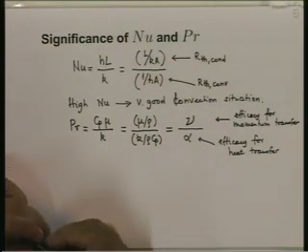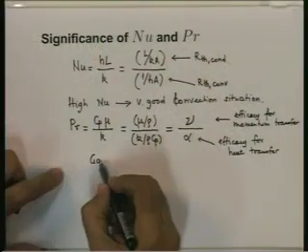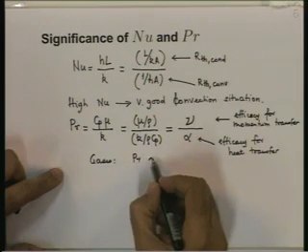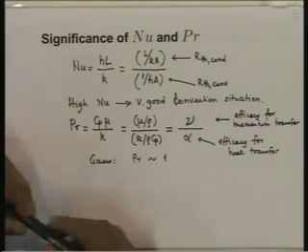Since the Prandtl number is a property of the fluid and not of the flow situation, one should notice that for a large number of gases, Prandtl number is of the order of 1. Air at ambient temperature and pressure is roughly 0.7.